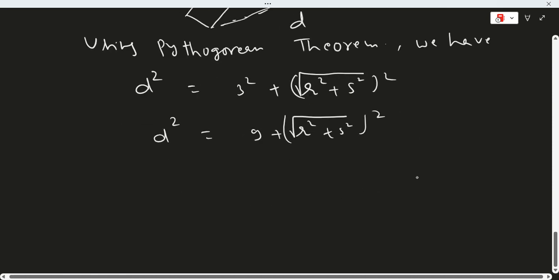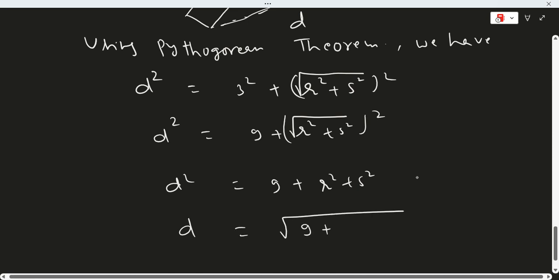So finally we have d squared equals 9 plus r squared plus s squared. So the distance d will be the square root of 9 plus r squared plus s squared.